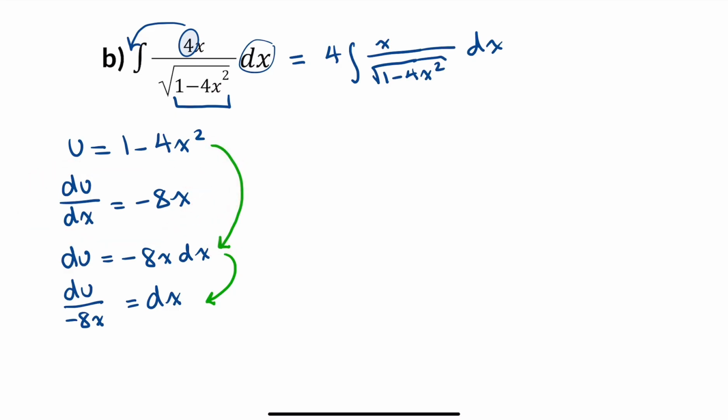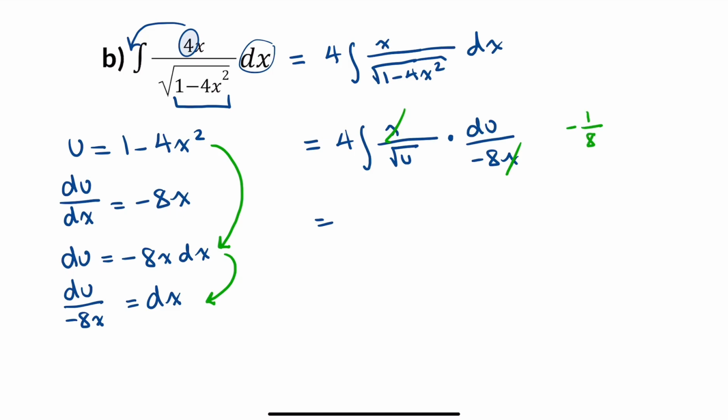And so now we're going to use the substitution and replace the x. So this stays, and then we're going to have root u. And then replacing dx with what we just solved, we're going to have du divided by negative 8x. And as you can notice already, the x's simply cancel out. And then inside the integral, we have a constant of negative 8.